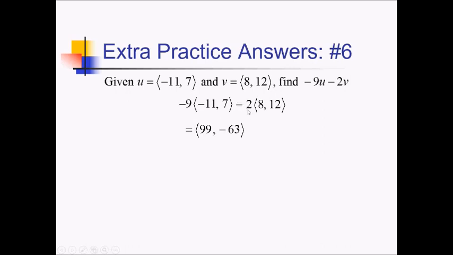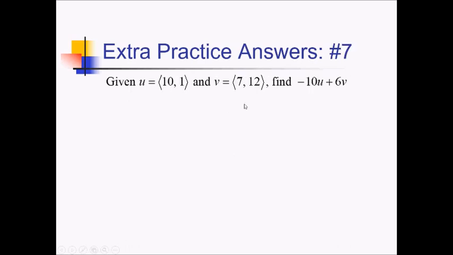And for this next one, I'm going to keep the minus outside. Inside, I'm going to have 16, 24. Now I'll just subtract the vectors. Let me do the x's and the y's separately. So I've got 99 minus 16 and negative 63 minus 24, giving me a final vector of 83, negative 87.